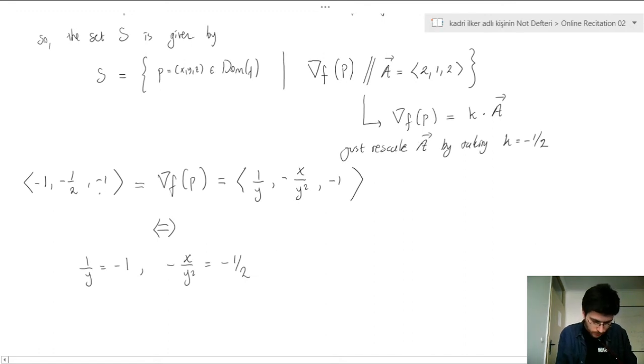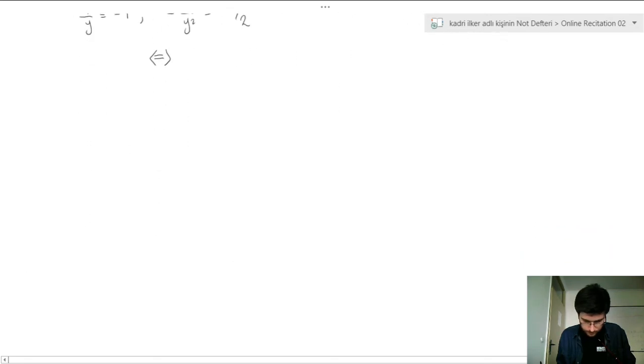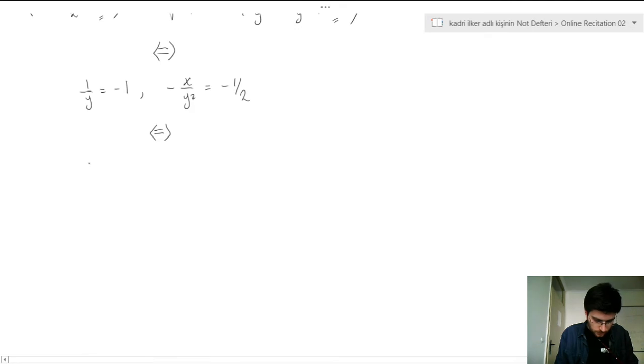The last component, minus 1 equals minus 1, so no problem. So this is true whenever y is minus 1 and x equals 1 over 2. What about z? z is free. Let's say z equals t, with t in R.